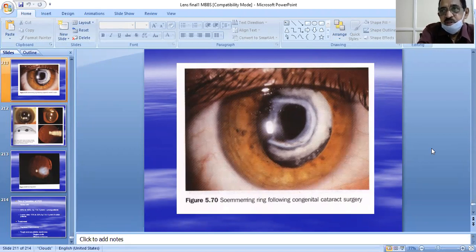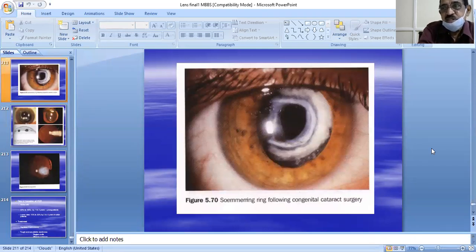The SRK2 formula is one, where P is equal to A minus 2.5 L minus 0.9 K. P is the power of the lens, A is the surgical constant, L is the axial length of the eyeball, and K is the corneal curvature, horizontal and vertical.